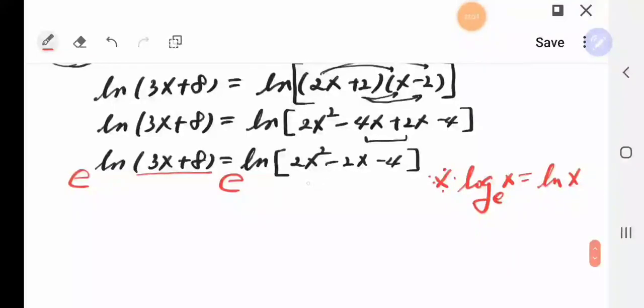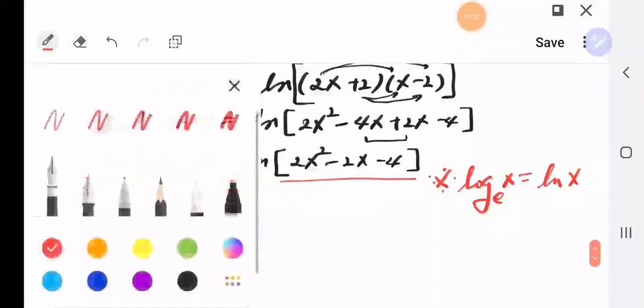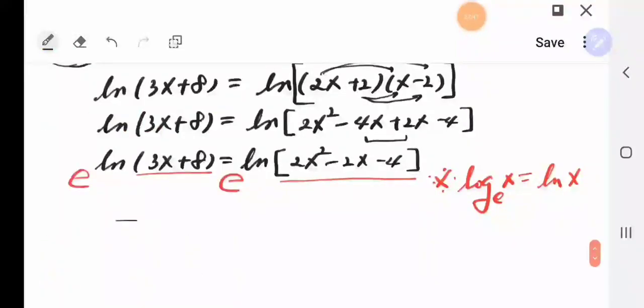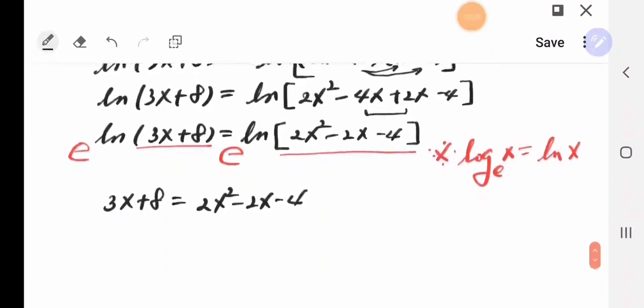Then what we have is only this. So the equation will be 3x plus 8, and the right side is 2x squared minus 2x minus 4. Okay, so from this equation we can now simplify.